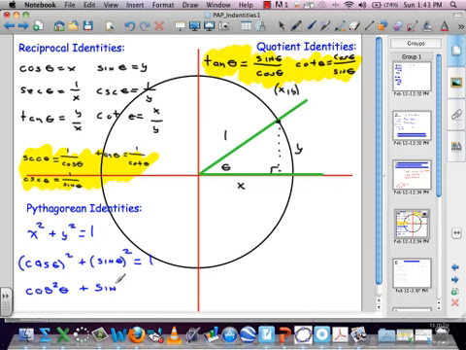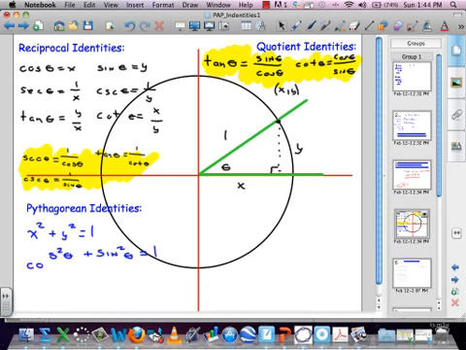So you're going to see that notation used almost every time. The cosine of theta squared plus the sine of theta squared equals 1. That's the Pythagorean identity. And from that Pythagorean identity, we can do some things to come up with some more Pythagorean identities that are very useful.